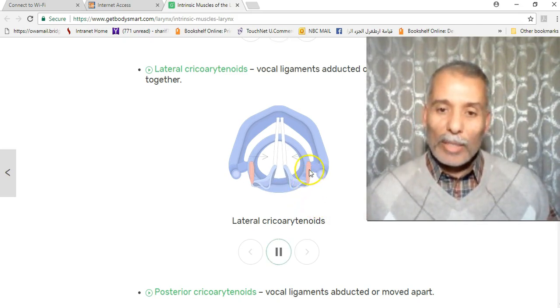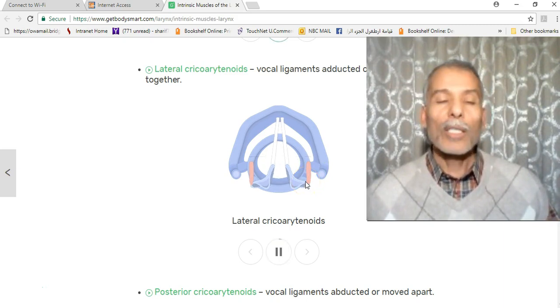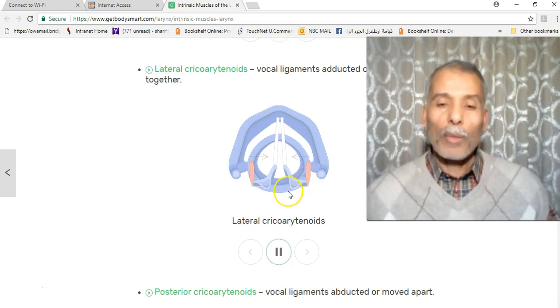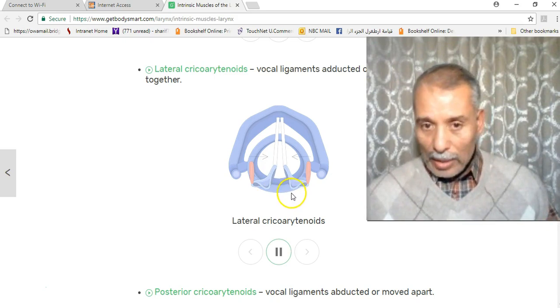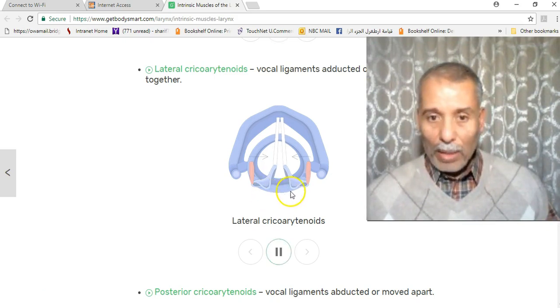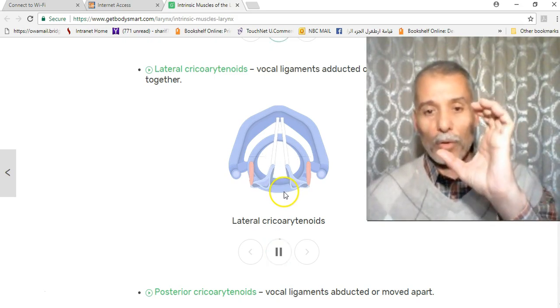The point of attachment of the lateral cricoarytenoid is exactly across from the posterior cricoarytenoid. So the posterior cricoarytenoid is in back here of the arytenoid. You don't see it because you have a superior view now.